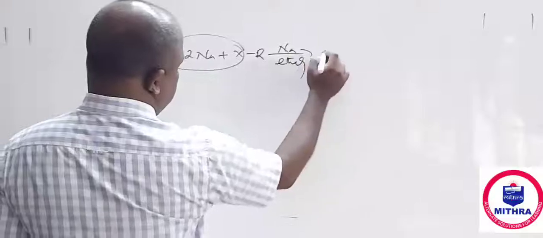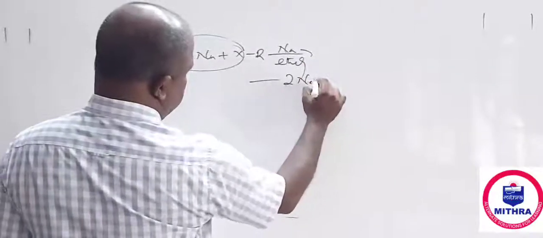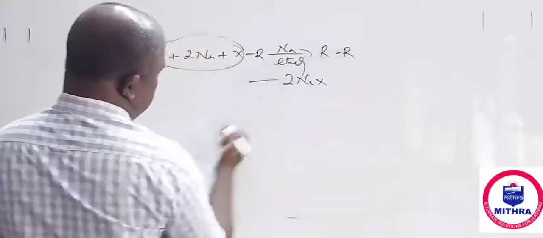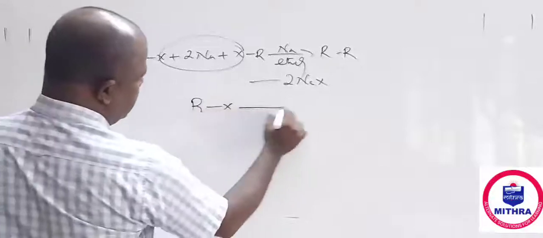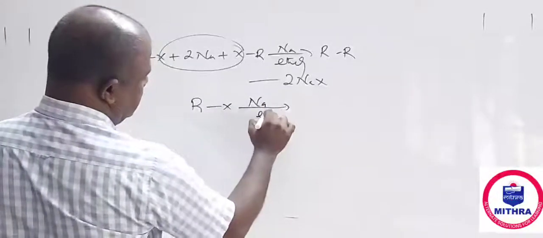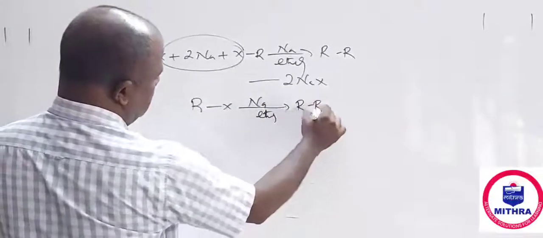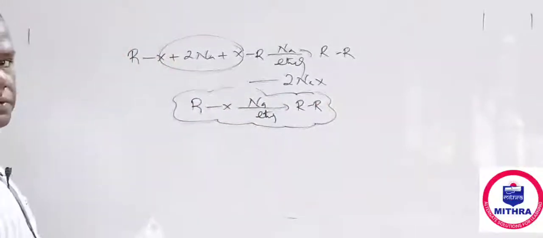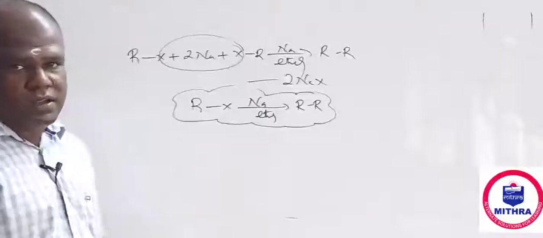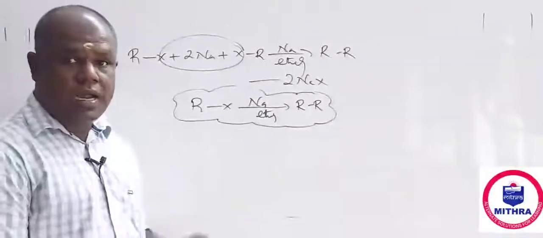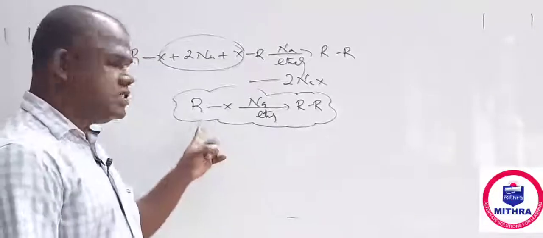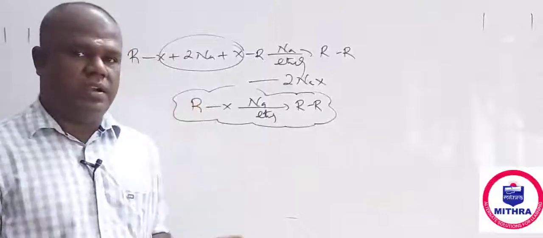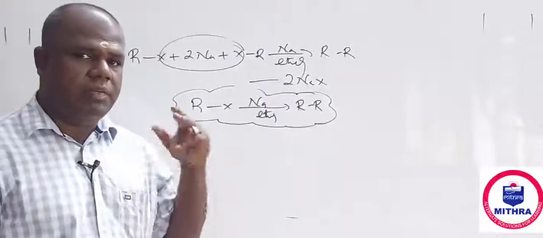Ether is a condition. 2NaX is detached, R-R is the product. So the short form of Wurtz reaction: RX, Na, ether, R-R. Study in this pattern. Normally I explain in the class, this is the pattern. RX gives R-R. Agree? Actually 2 moles of RX are required. Okay, keep that in mind.